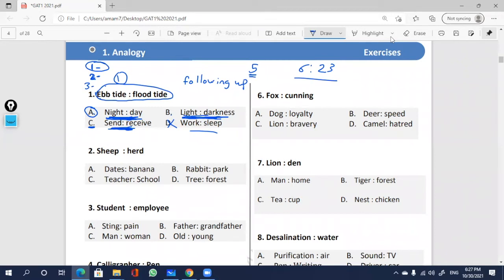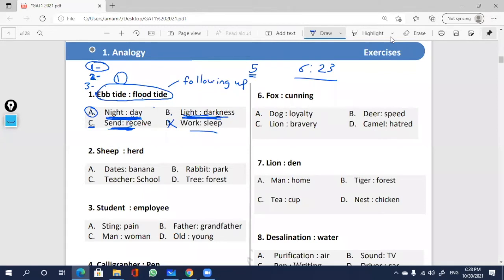When you identify the similarities and differences, you will notice that ebb tide and flood tide also have another relationship, which is following up. Night and day also have another relationship, which is following up.